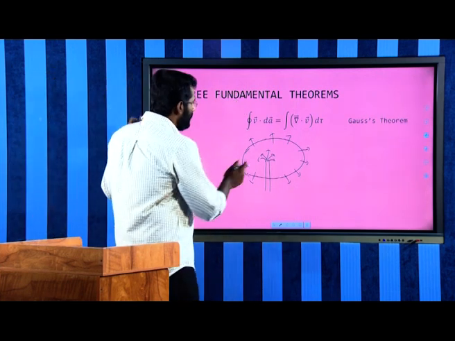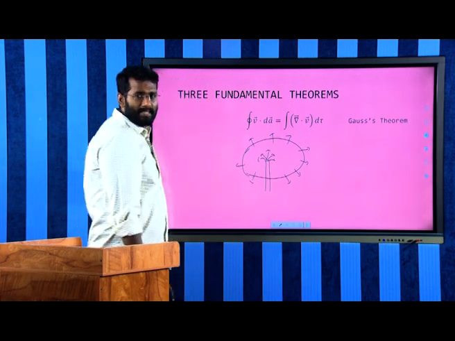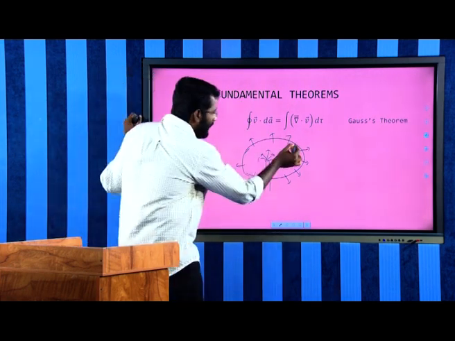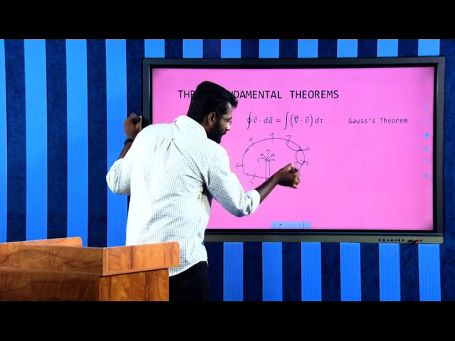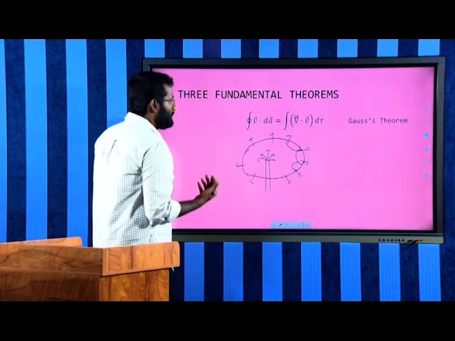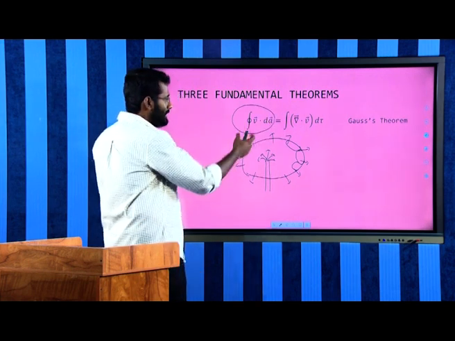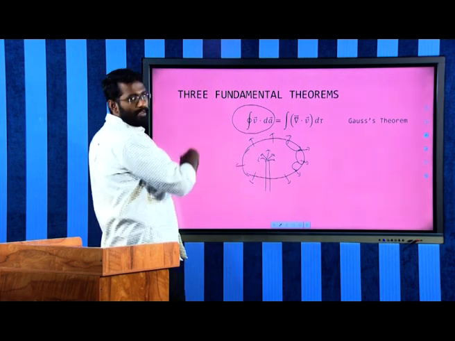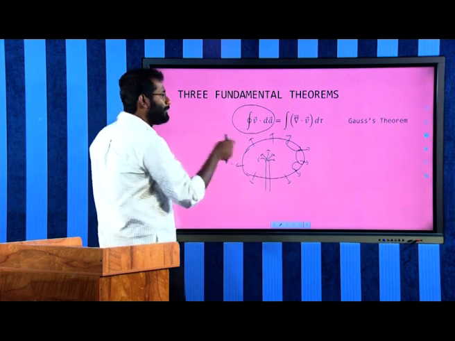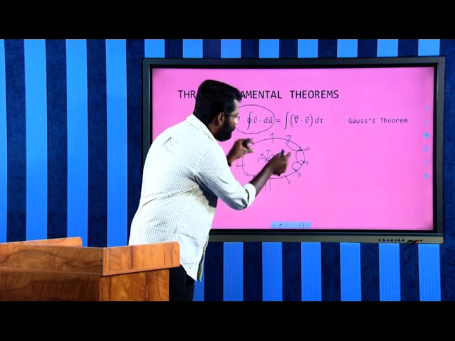Let me explain. What is this V dot dA? That is the surface integral or the flux. That means if you go to the surface, you have many surface elements, totally a spherical surface, and you can calculate the total flux coming out of it. Something is coming out of it, you can measure what is coming out of the surface, and from that you can infer that there is something diverging out.